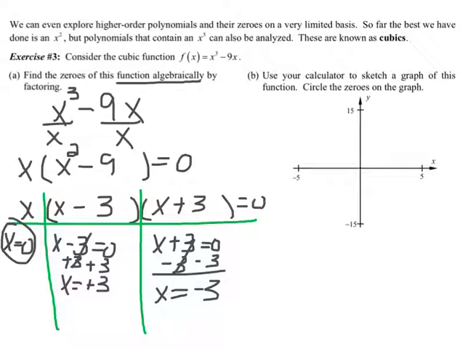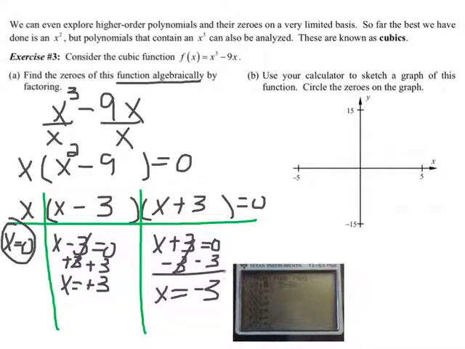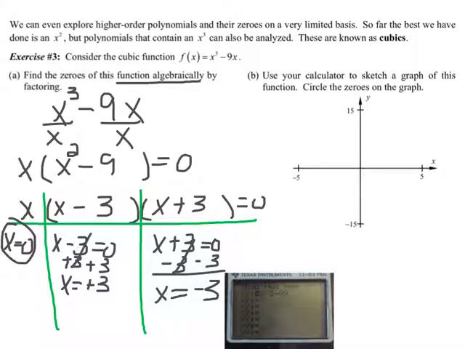Now what I want you to do is use your calculator. So I already have it done for us. I want you to type in your calculator x caret 3 minus 9x. Now I would like you to go ahead and hit graph.